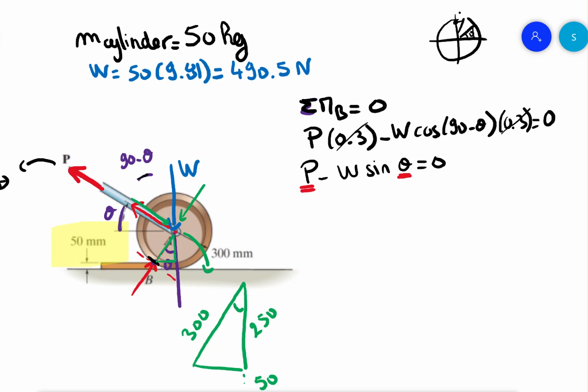So this angle theta that we are looking for: cosine theta is equal to 250, the adjacent side, divided by 300, right? So theta is equal to the inverse cosine of 250 divided by 300.